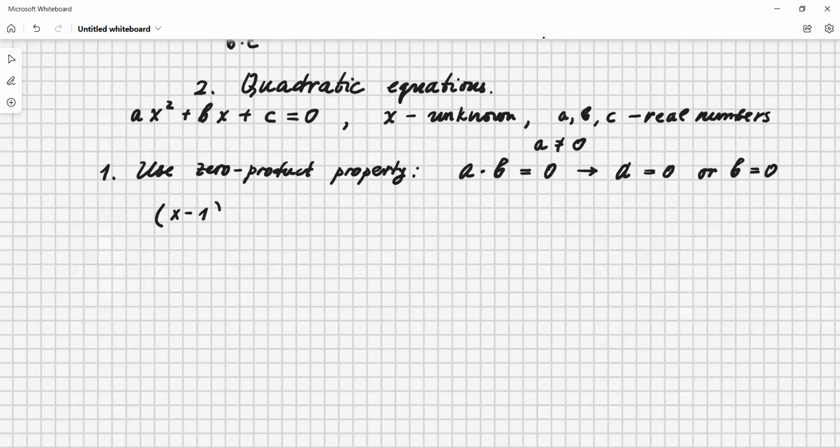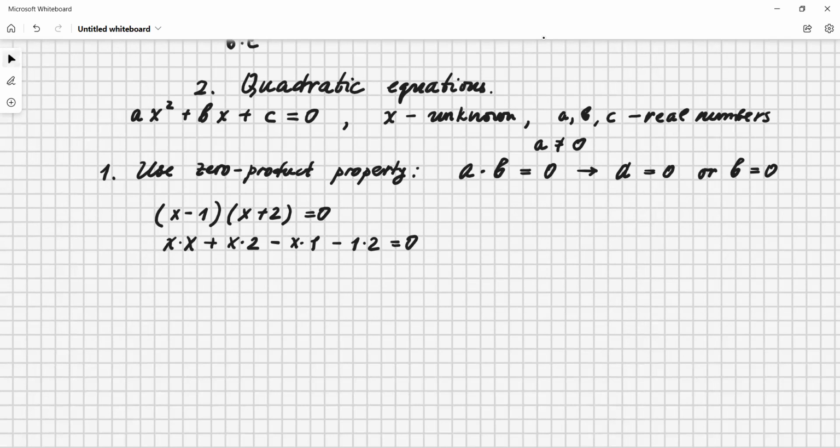(x minus 1)(x plus 2) equals 0. How do we know that this is a quadratic equation? Well, if we open the parentheses, we are going to get x multiplied by x, plus x multiplied by 2, minus x multiplied by 1, and minus 1 multiplied by 2.